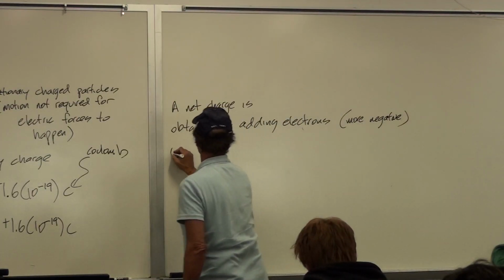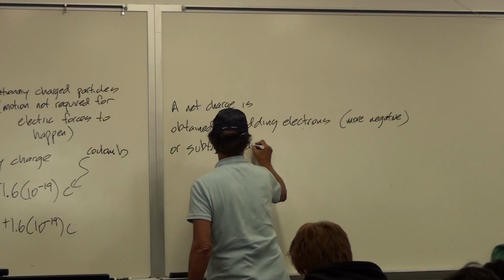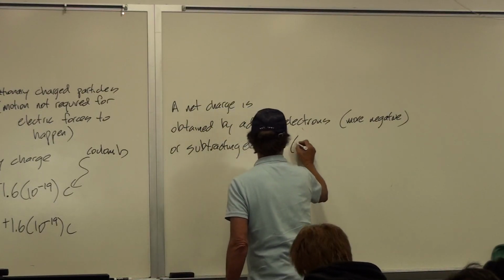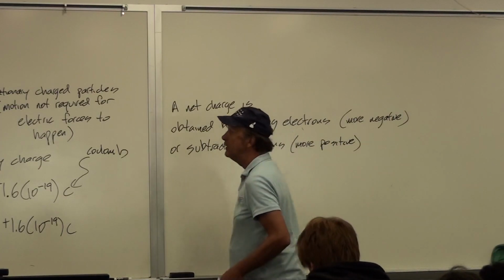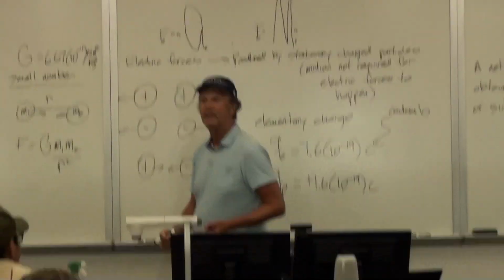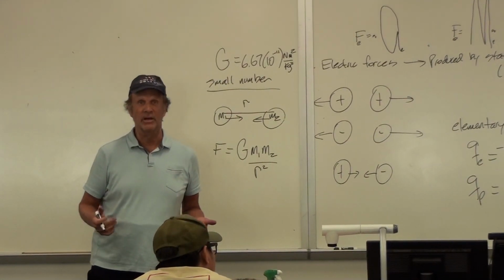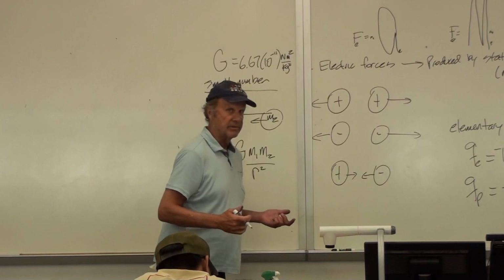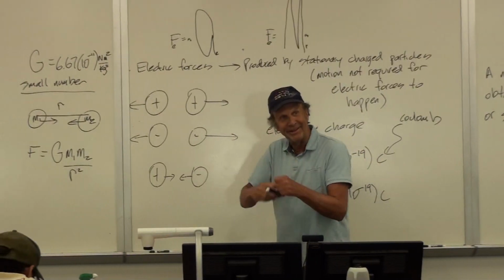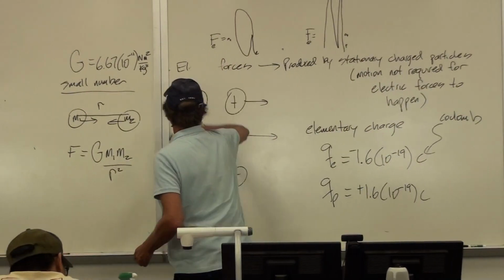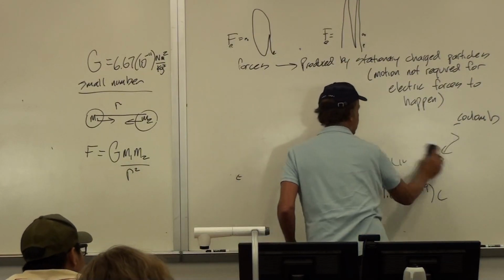Or subtracting electrons, which would make it more positive. So when we see something as a positive charge, we don't want to think about it as having more protons. We want to think of it as having less electrons, in most situations where we're dealing with large quantities of matter. There are situations where you're just dealing with subatomic particles, but for the majority of the situations we'll be looking at here, it's the electrons that do all the charge transfer.